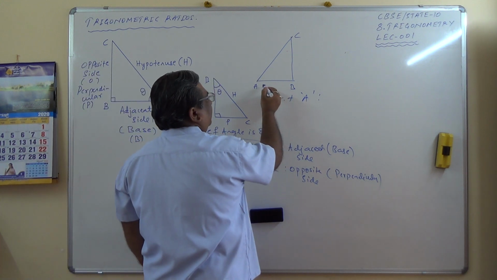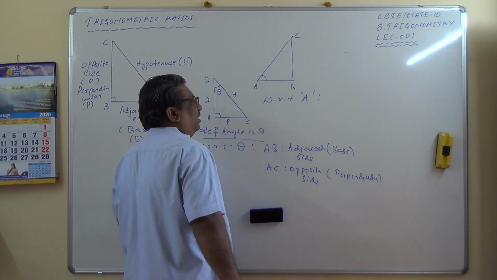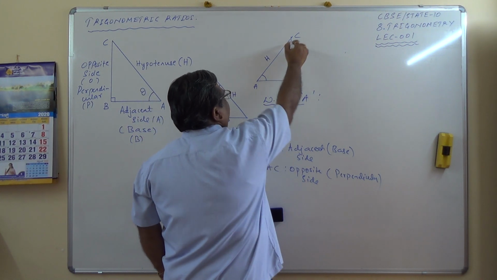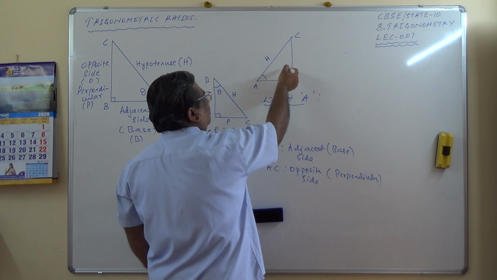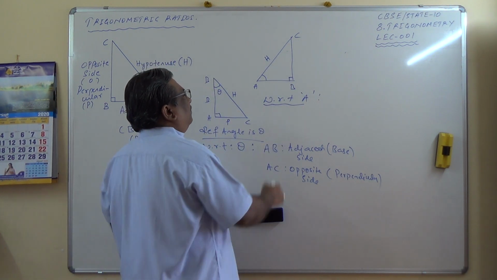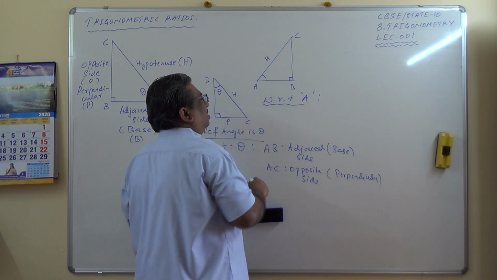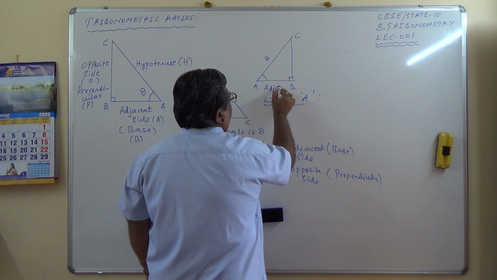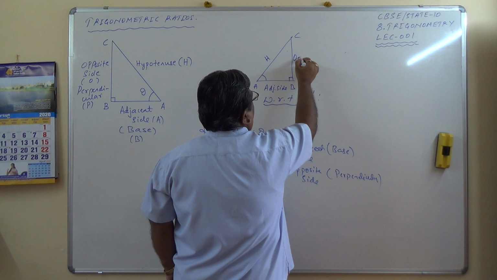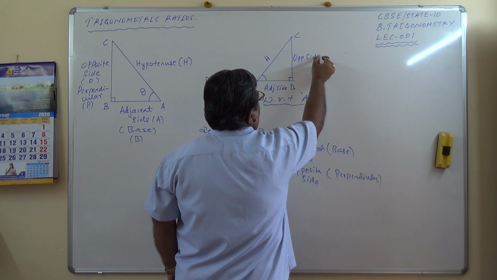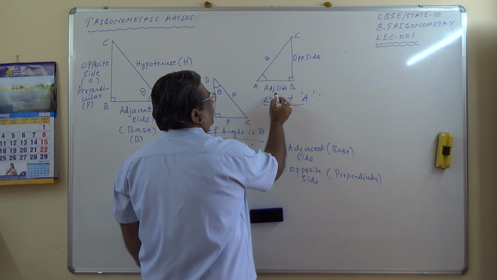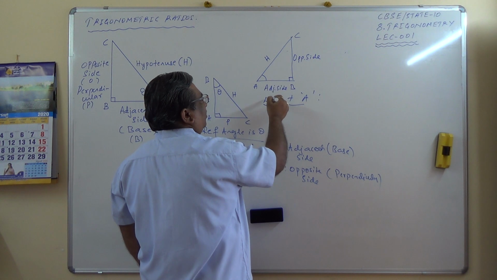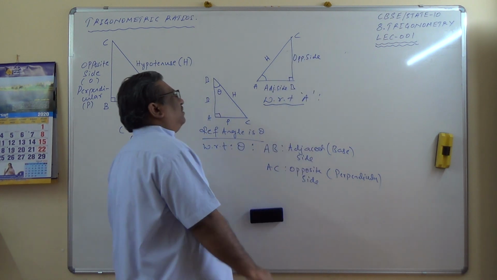With respect to A, because this is the reference angle over here, hypotenuse is AC. Let this be 90 degrees, because opposite to the right angle is the hypotenuse, and angle A is the reference angle. Therefore, this is the adjacent side and this is the opposite side. Similarly, this is a base here and this is a perpendicular. The adjacent side is called a base and the opposite side is called a perpendicular.